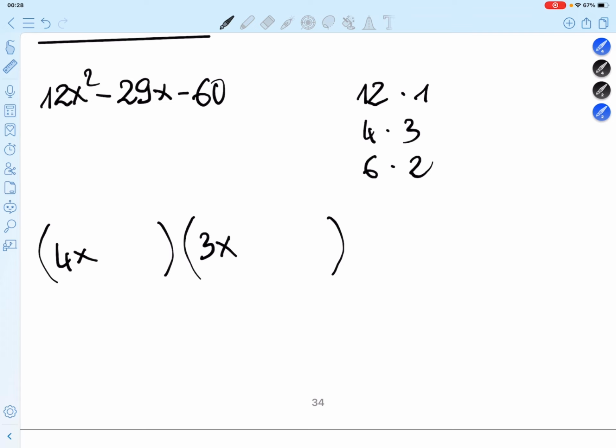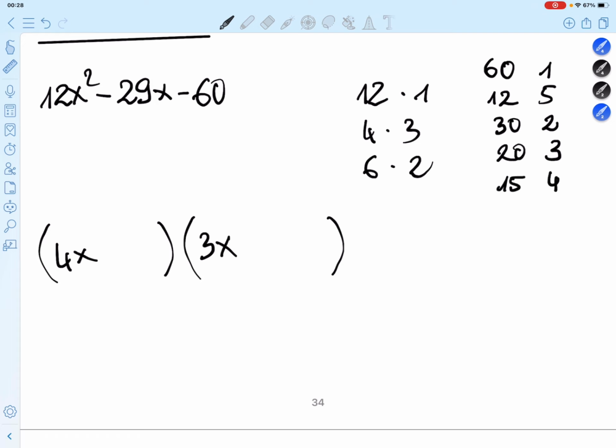So I have 60 and 1, obviously. Then I have 12 and 5. Then I have 30 and 2. I have 20 and 3. I have 15 and 4.